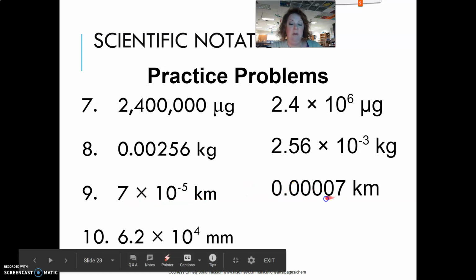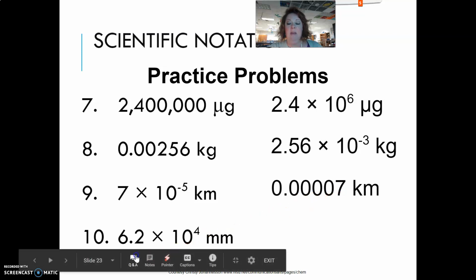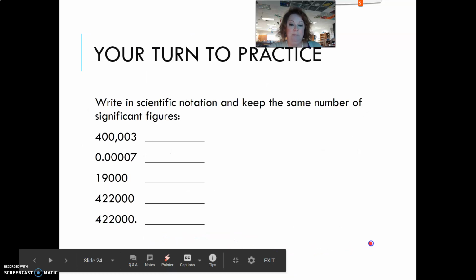So 1, 2, 3, 4. We have 4 zeros, sorry. So that'll be 0.00007 kilometers. And then the last one, it is a positive exponent, so we're making the number bigger, and we're going to move that decimal 4 times, and that means we'll add 3 zeros, so it'll be 62,000 millimeters.